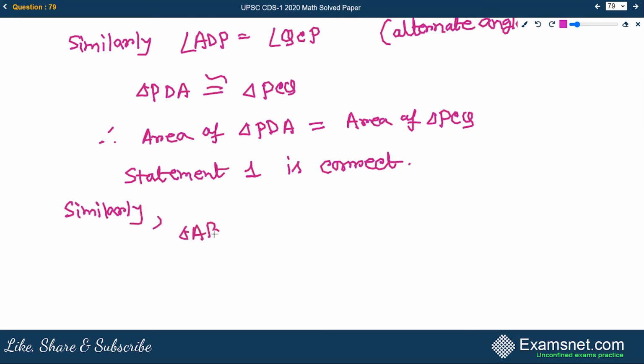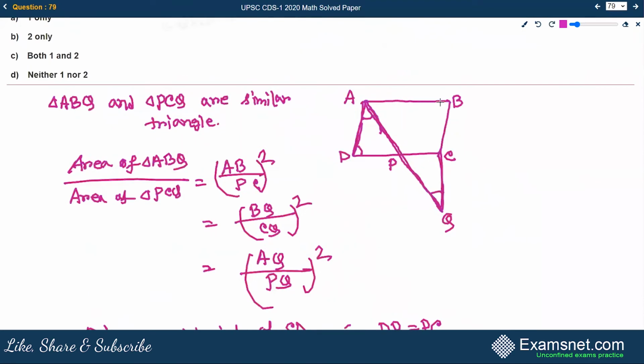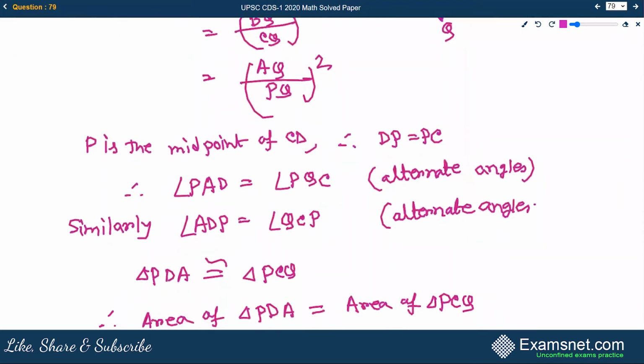Okay, next, similarly, triangle ABQ and triangle PCQ, let me show you here, they are similar triangles. I have already written it.